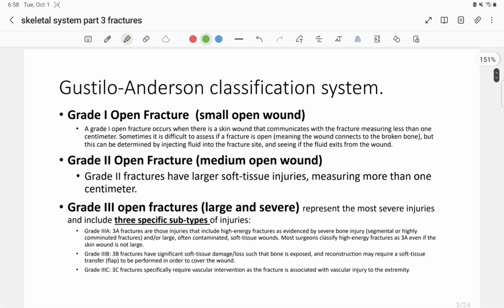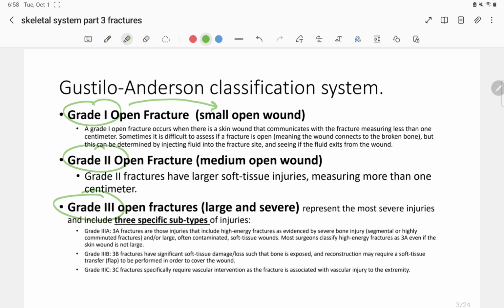Okay, there's 3 grades for a compound fracture or an open fracture, and that would be grade 1, grade 2, or grade 3. A grade 1 is simply a small open wound, so the bone is broken and piercing through the skin, but the opening is small.